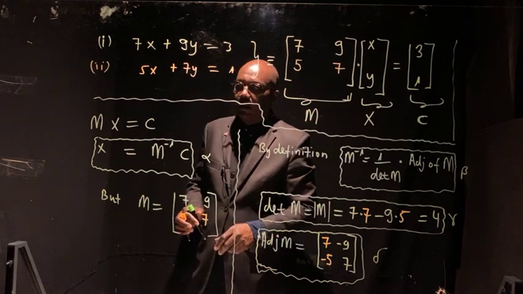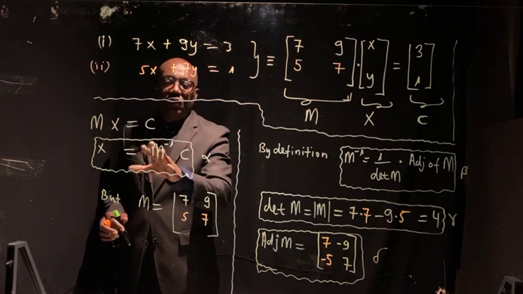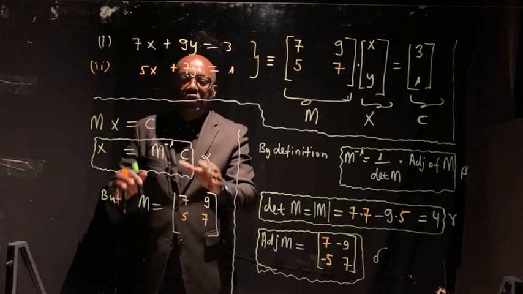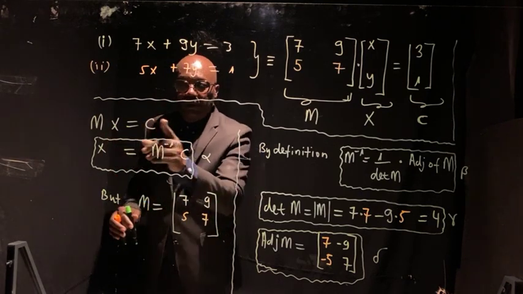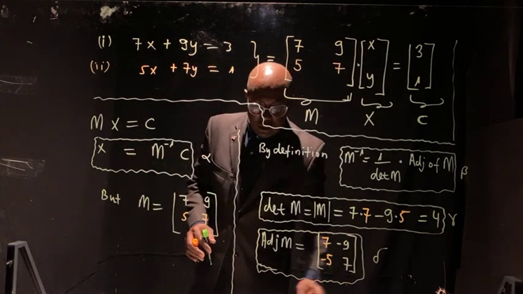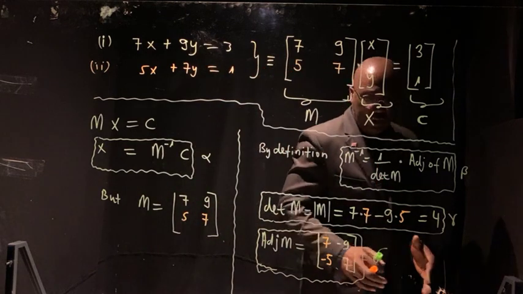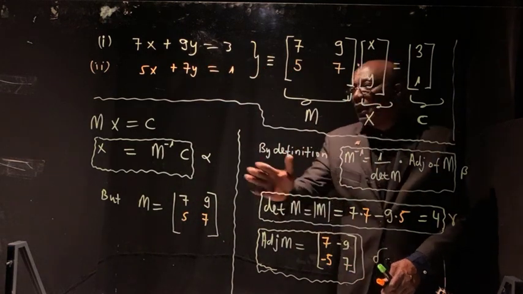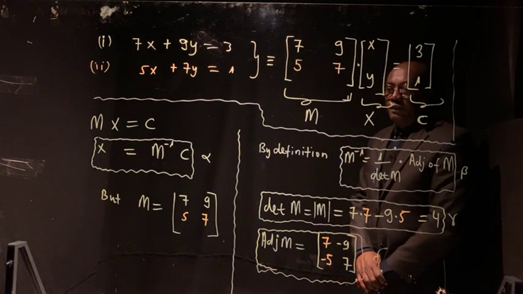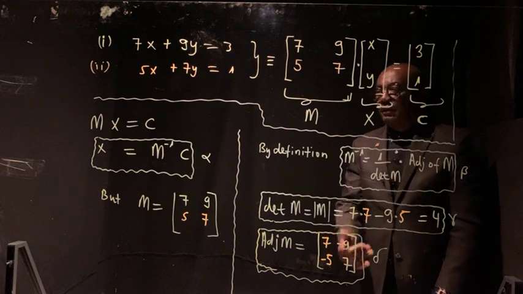Before that, I will have to wipe this, but we are not going to forget equation alpha, though I will need a board. Equation alpha will be very important for us. So take your time, copy everything up to this point, and then we'll pick it up.